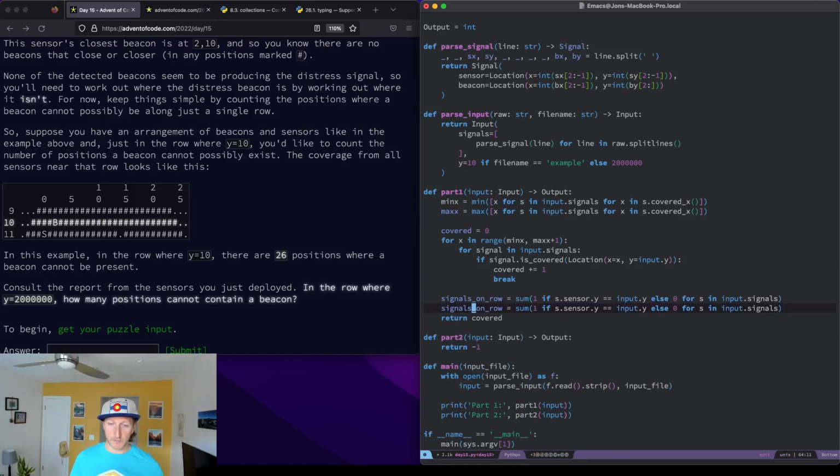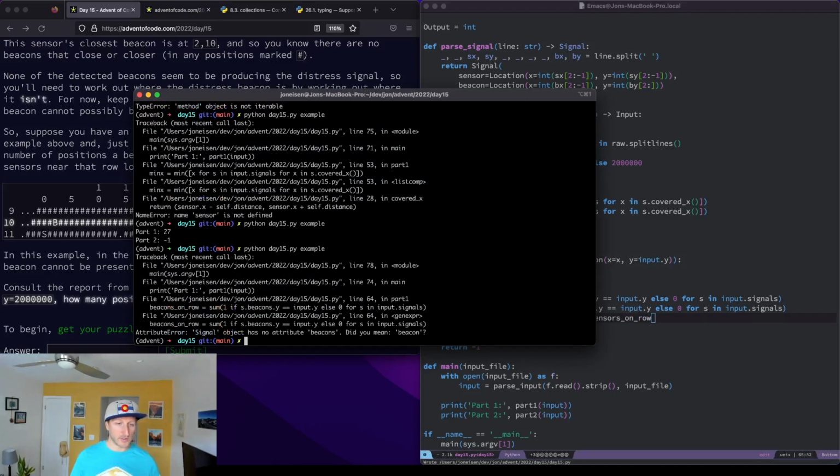We're going to do the same thing for beacons. And then we just return covered minus beacons on row minus sensors on row.